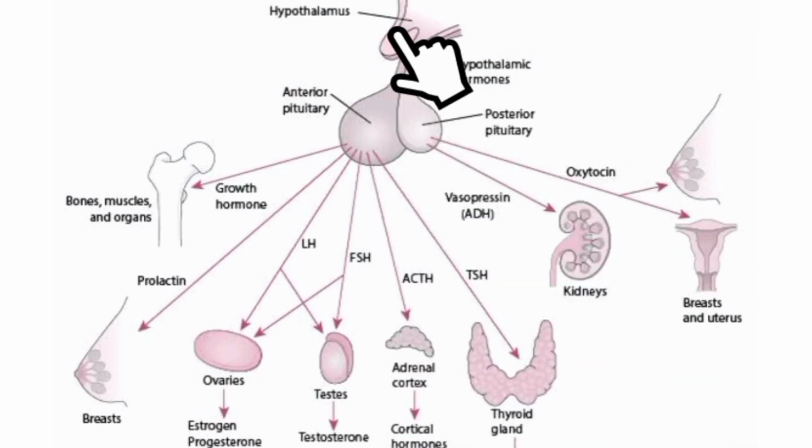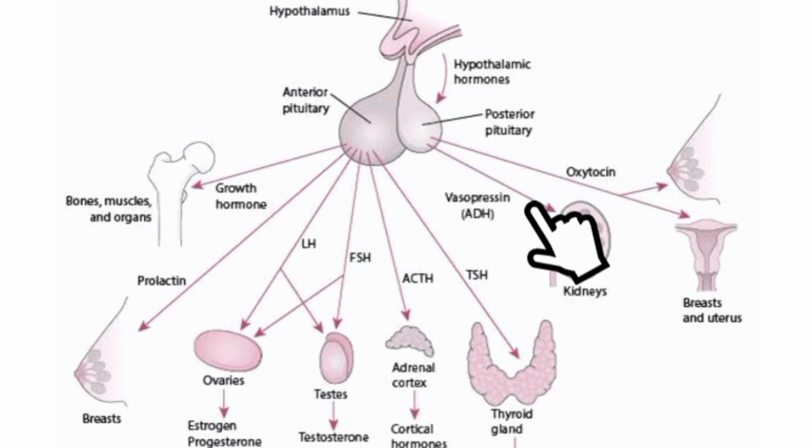Here we have the hypothalamus. The hypothalamus is connected by means of a stalk to the anterior pituitary and posterior pituitary. Nerve fibers basically connect the hypothalamus to the posterior pituitary, which stores two hormones, oxytocin and vasopressin, also known as antidiuretic hormone.